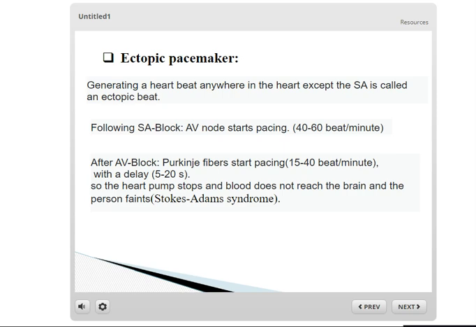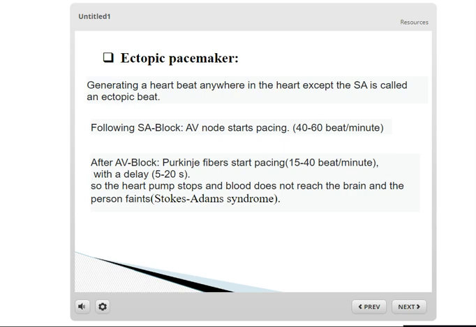If the SA node is blocked, the atrioventricular node takes over as the pacemaker with a rate of 40 to 60 beats per minute. If the AV node is also blocked, the Purkinje fibers in the ventricles become the pacemaker with a rate of 15 to 40 beats per minute.